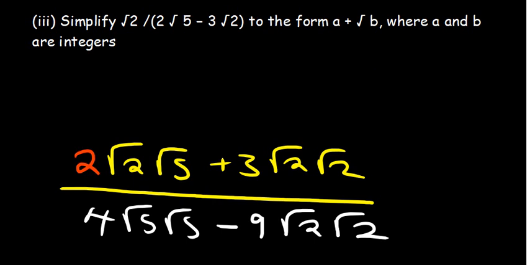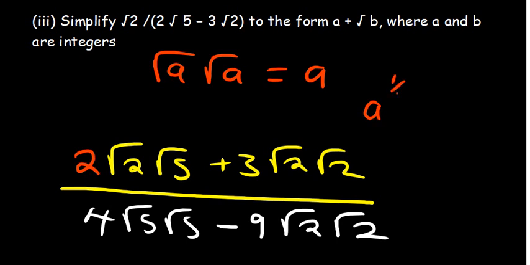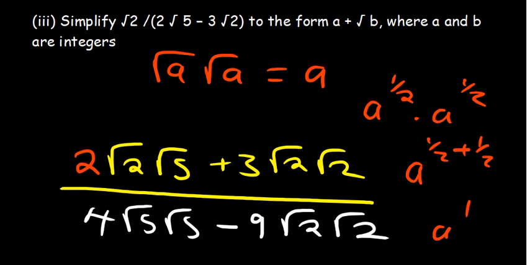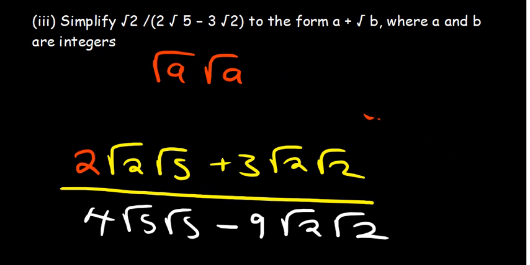Then whenever you have root of a by root of a, it's basically just going to be a, because the square root is the same as the power 1 over 2. So from the rules of indices, we know that you get to add the powers. So 1 over 2 plus 1 over 2 is just going to be the power 1, which is basically a.